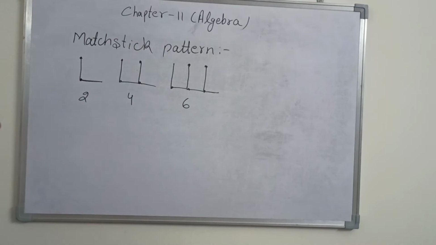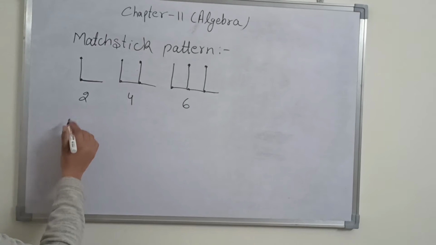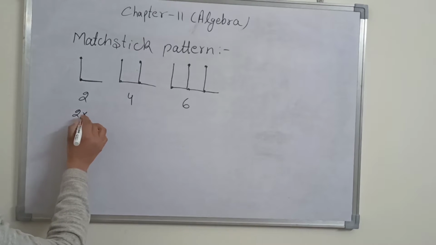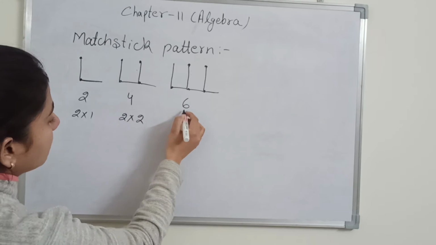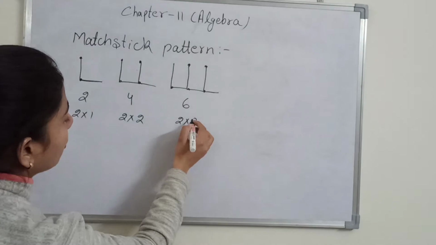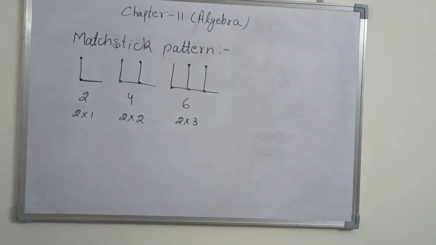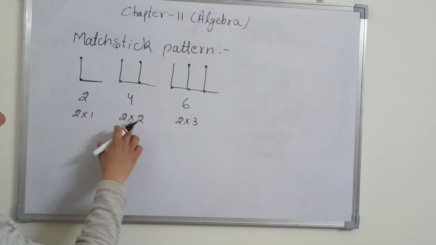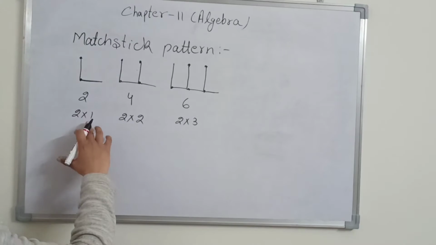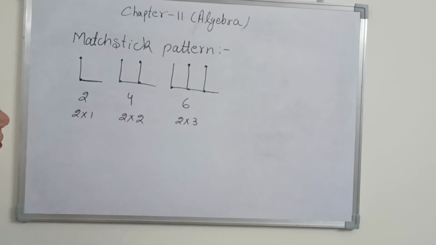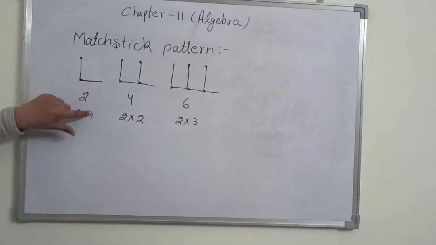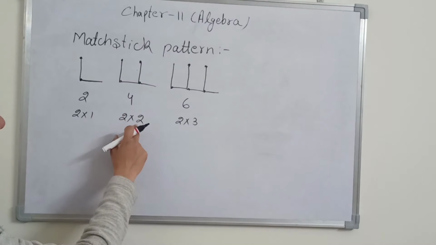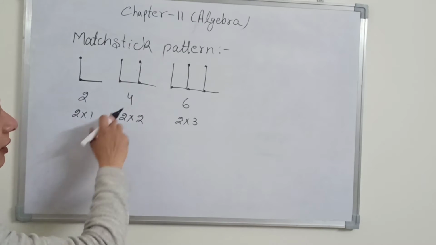So it is like a pattern. I can write 2 into 1, 4 is 2 into 2, 6 is 2 into 3. So what we are observing here, 2 is fixed and 1, 2, 3 is changing. What is this 1, 2, 3? This is the number of L's. Because for forming 1L, how many matchsticks are required? 2. For forming 2L? 4.